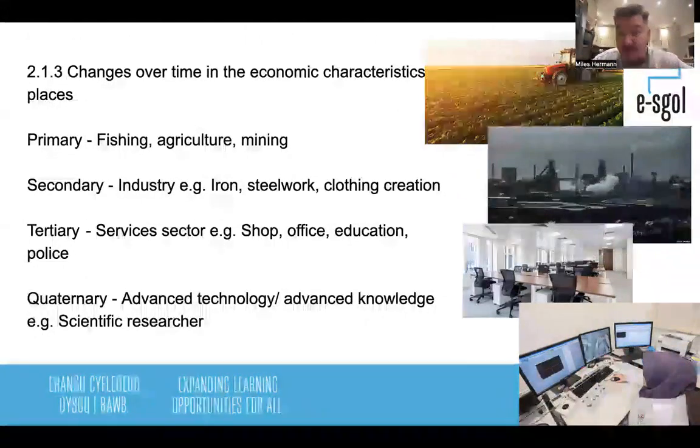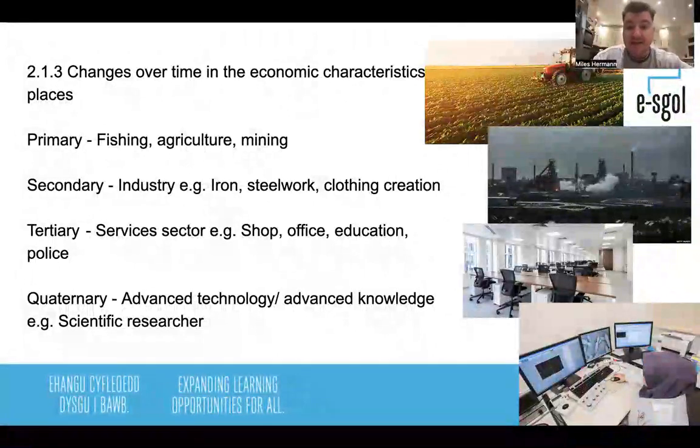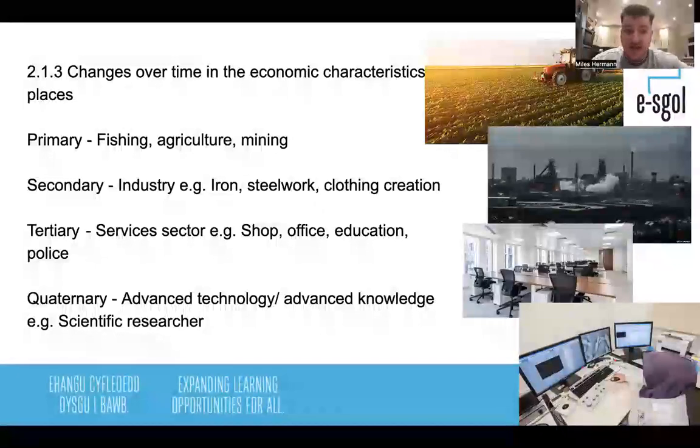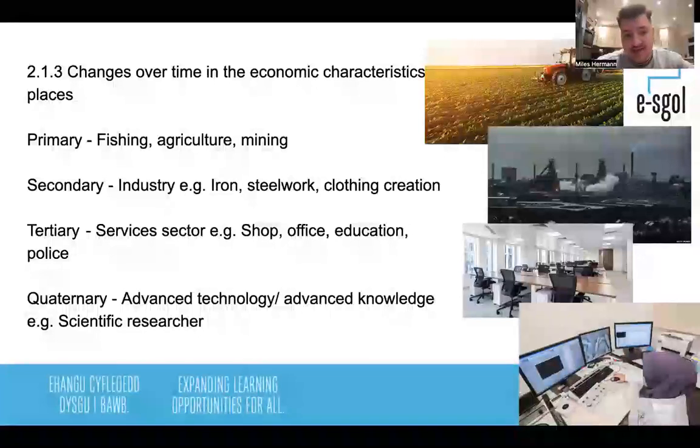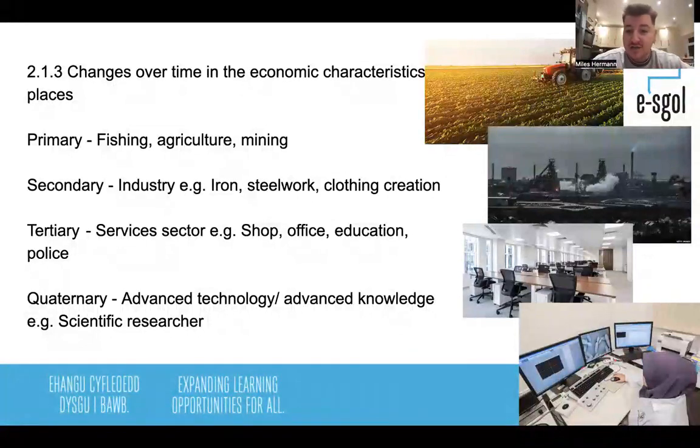Secondary being industry, that could be iron, steelworks, creating clothes. Thirdly, the tertiary sector, which is service-based, for example, working in a shop, office, education, the police. And then the new one that is emerging, which is the quaternary sector, which is advanced technology, advanced knowledge, the creative industries. And I've put an example there of a scientific researcher.